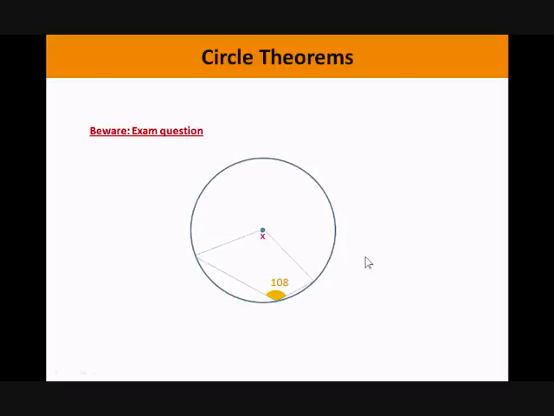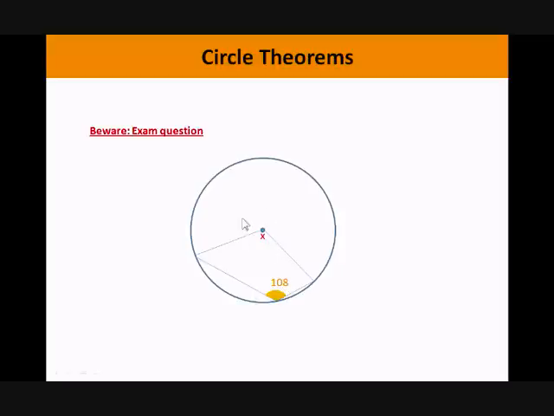And in fact, this is the other rule that we saw about angles at the center and circumference. If we look at these 2 points here, they make an angle of 108 at the circumference.